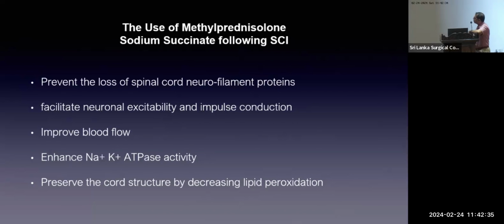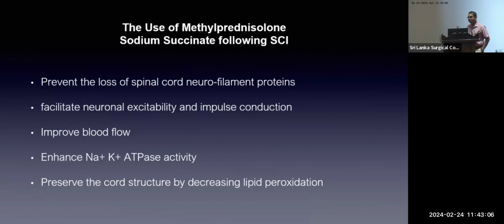Now, the initial tests of methylprednisolone were done in mice. They found it prevented the loss of spinal cord neurofilaments, increased the impulse, improved blood flow, enhanced sodium potassium ATPase activity, and preserved the cord structure. So in theory, methylprednisolone was a good drug to be used in spinal cord injury.